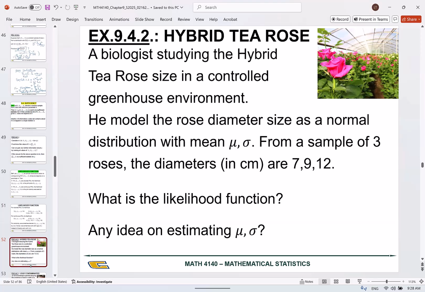From a sample of 3 roses, he sees that the diameters are 7 centimeters, 9 and 12. So what's the likelihood function? The first question: can we write out the likelihood function if we model the rose diameter with a normal distribution with mean mu and standard deviation sigma?